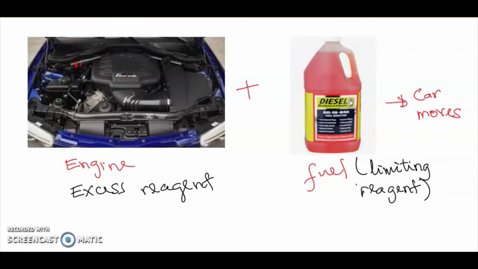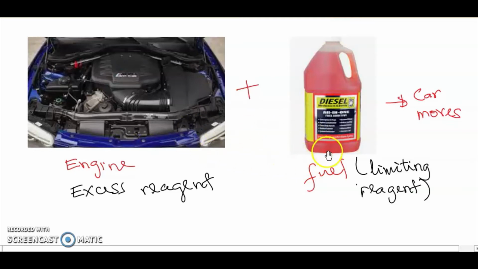So in this case, we can see that the fuel is behaving like the limiting reagent, while the engine of the car is behaving as the excess reagent. The excess reagent is always there. It is still left even after the reaction is complete, while the limiting reagent is completely used up.